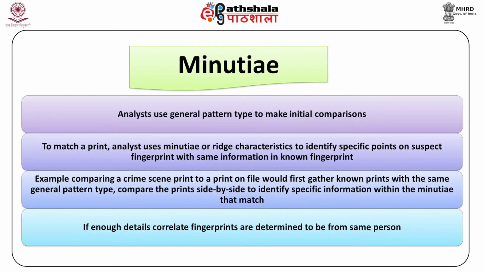Next is the proof, which is the minutiae. Analysts use the general pattern type, that is, loop, whirl, or arc, to make an initial comparison and include or exclude a known fingerprint from further analysis.